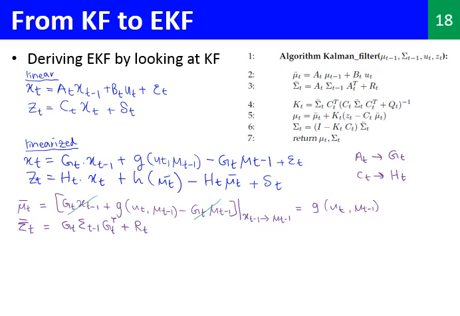Similarly, we can transform the fourth line for the Kalman gain, where we replace C t with H t. So we can write that equation as well.